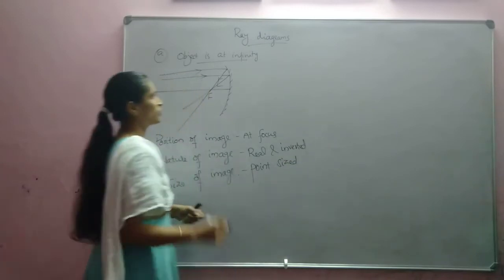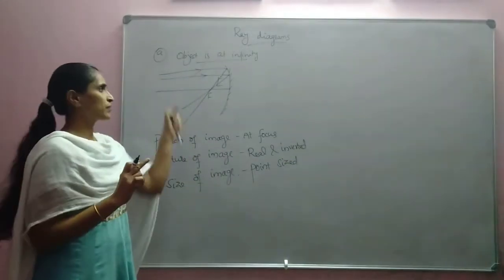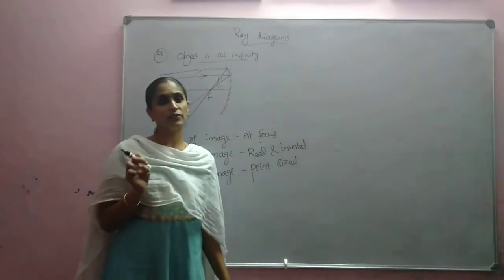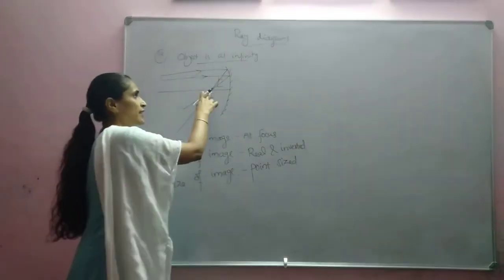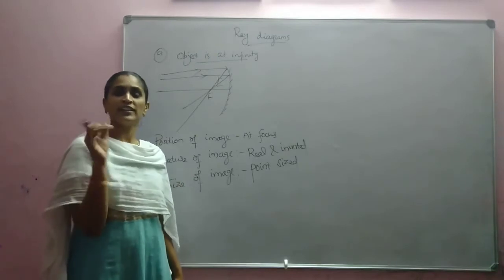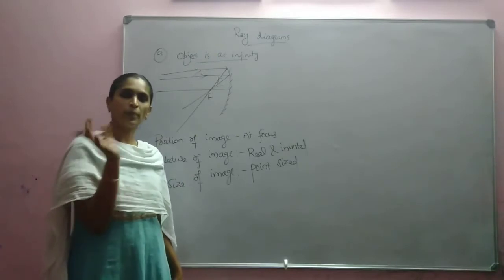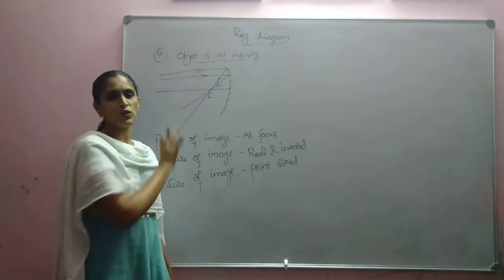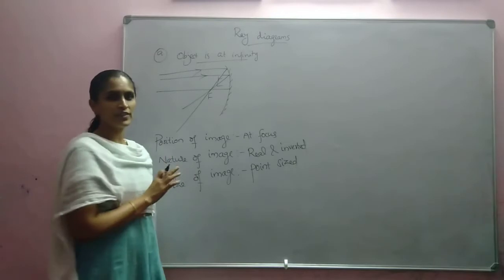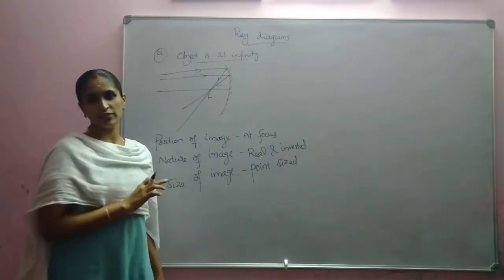So if the object is at infinity, the image is formed at the focus. How can we say that the image is forming at the focus? Because the reflected rays are actually meeting at this point. So the point where the reflected rays are meeting or appear to come from will be the point where the image is formed. Okay. So this is the first case, when the object is at infinity.